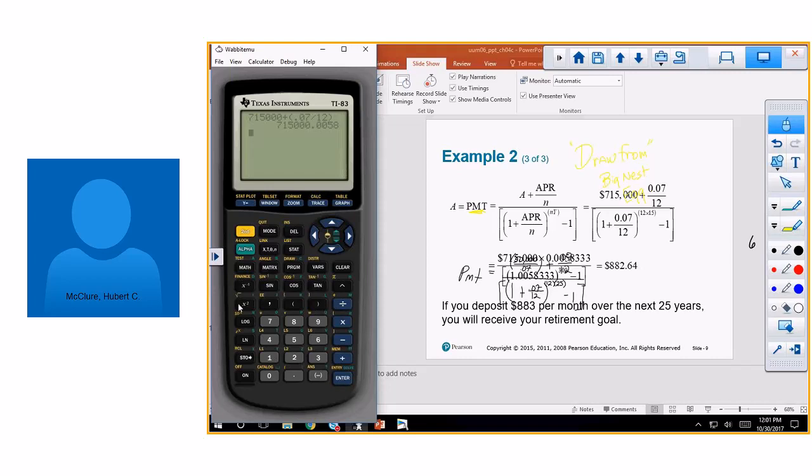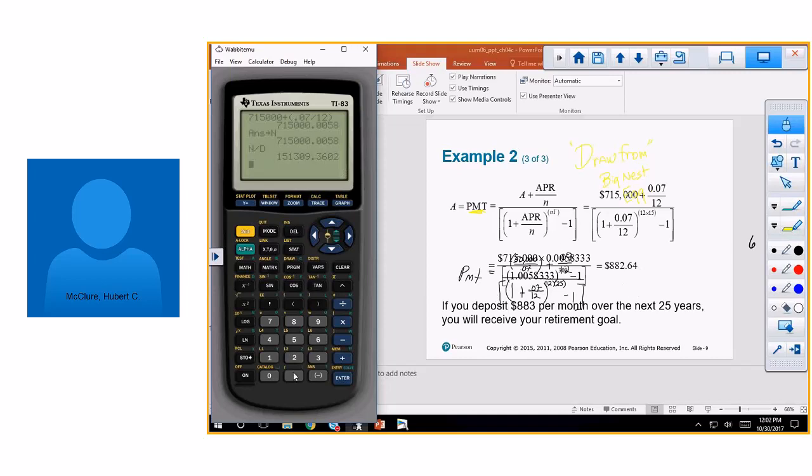Okay, store alpha N. Now let me take alpha N and divide by alpha D. I think the denominator's not right. Yeah, something's wrong with the denominator.